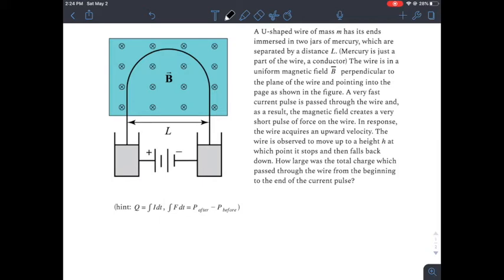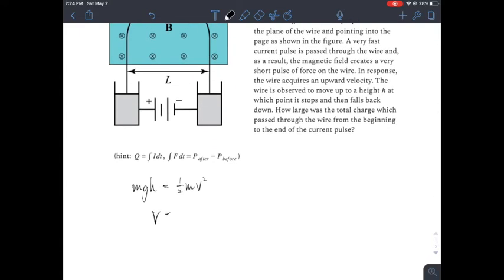So let's start by thinking about the equivalency of energy first. We have mgh equal to 1/2 mv squared. Then we know v will be equal to the square root of 2gh. After we know v, what is the momentum? The change in momentum is equal to the momentum after minus the momentum before.